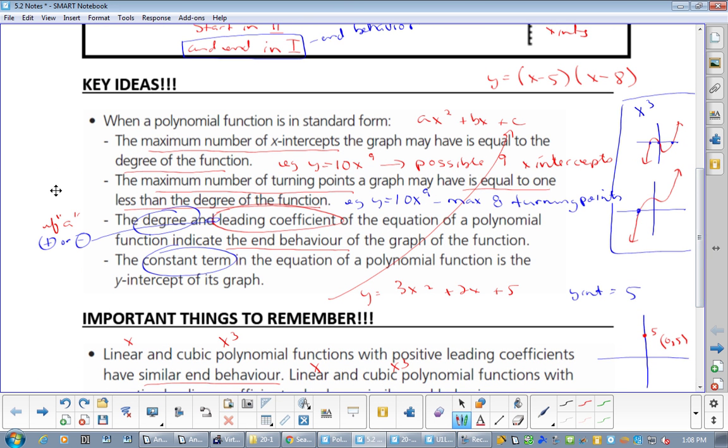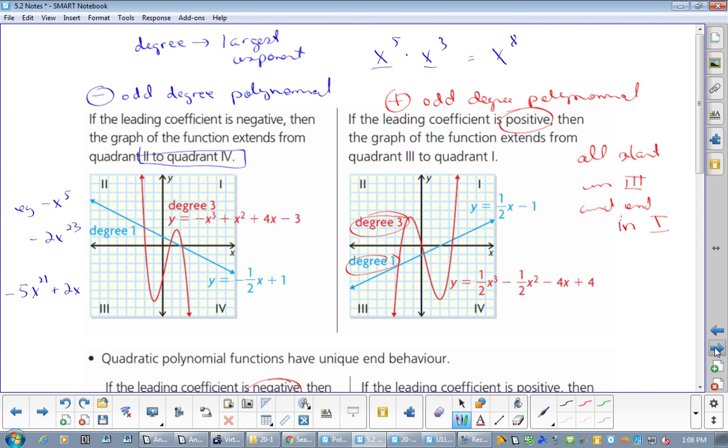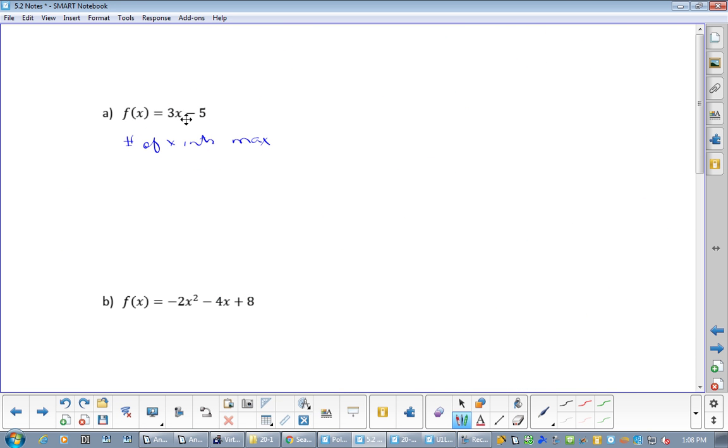The maximum number of x-intercepts the graph may have is equal to the degree of the function. What is the degree? 1. So what's the maximum number of x-intercepts? It is 1, because the degree is 1.